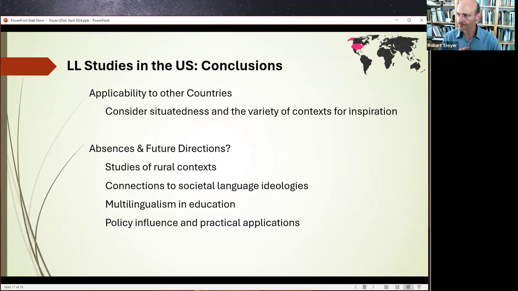For example, just south of where I'm at the University of Oregon, someone I know in the Spanish department had a grant to add more bilingual signage to some of the local city parks and areas in Eugene, Oregon. And I think we need more of those kinds of collaborations where linguistics and applied linguistics researchers are making more of an impact on our local environments.